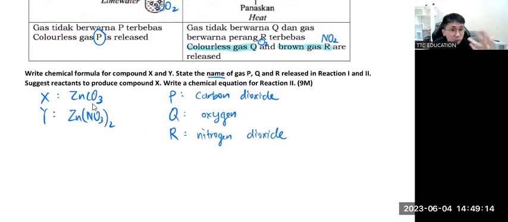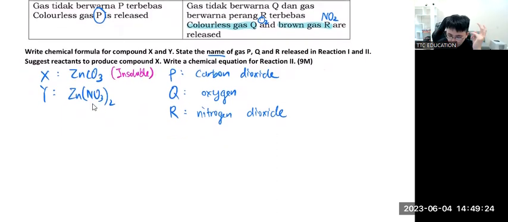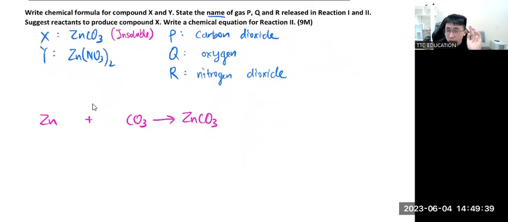So what are the insoluble salt rules? To produce ZnCO3, I'm going to split it into 2 chemicals first. One of them must have Zn, the other must have CO3. The rule is, to produce an insoluble salt, you need soluble salt plus soluble salt.